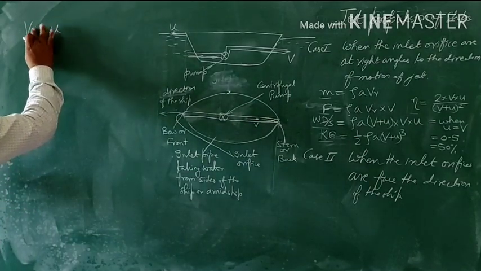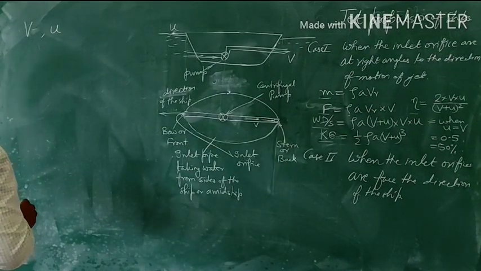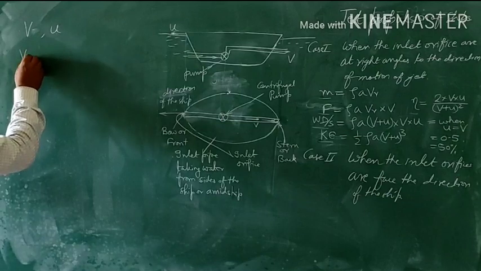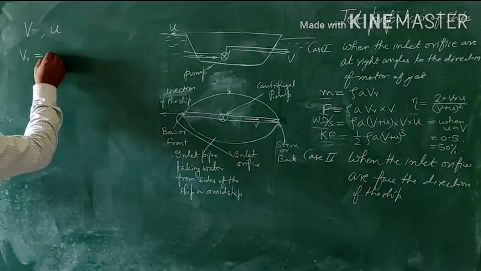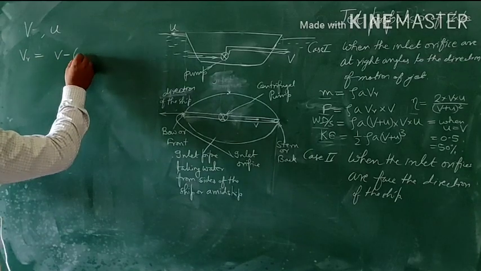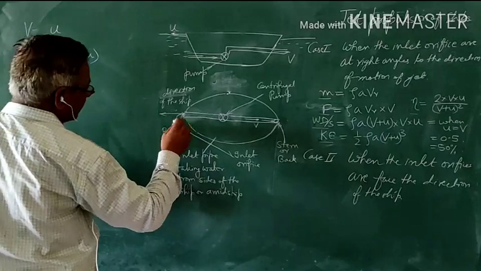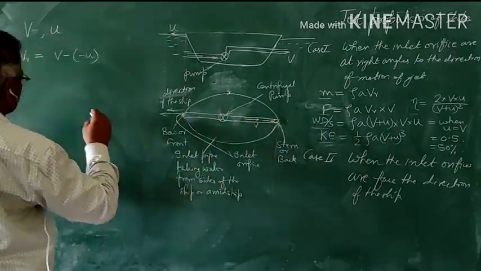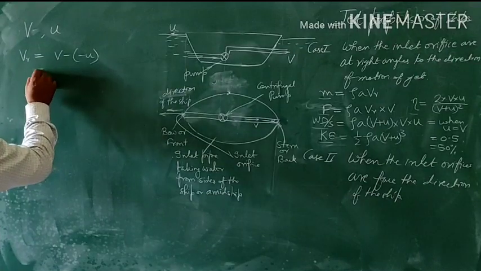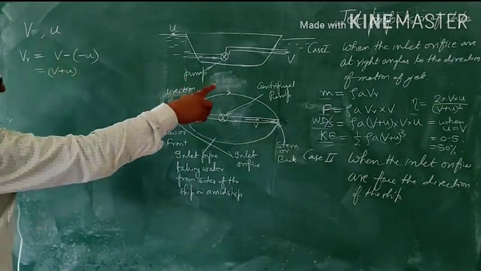U is the ship velocity by which it is moving. Vr is the relative velocity of the jet with respect to the ship. The U is in this direction and V is in this direction, so the relative velocity will become V plus U, as in case 1.